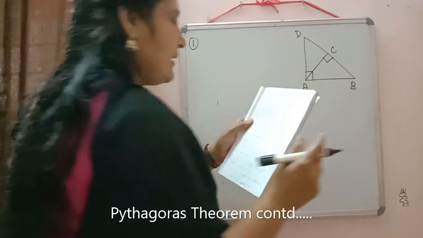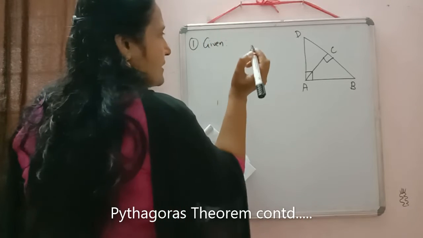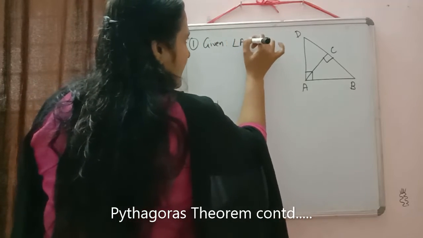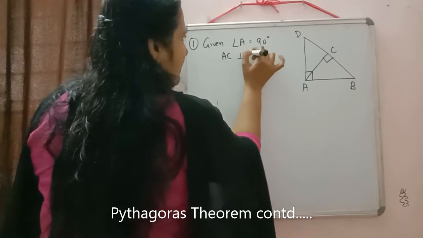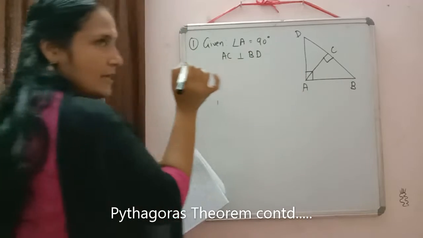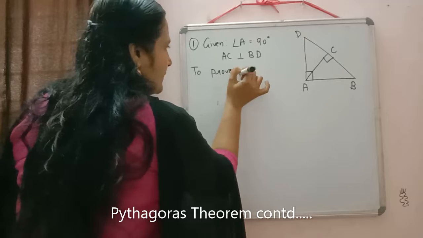So directly we can write down what is given. What are the conditions given? First, angle A is equal to 90 degrees, and then AC perpendicular to BD is given. Next, what we have to prove, that we will check.